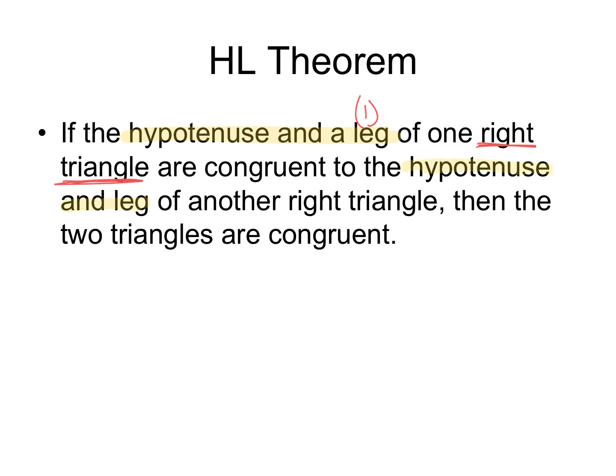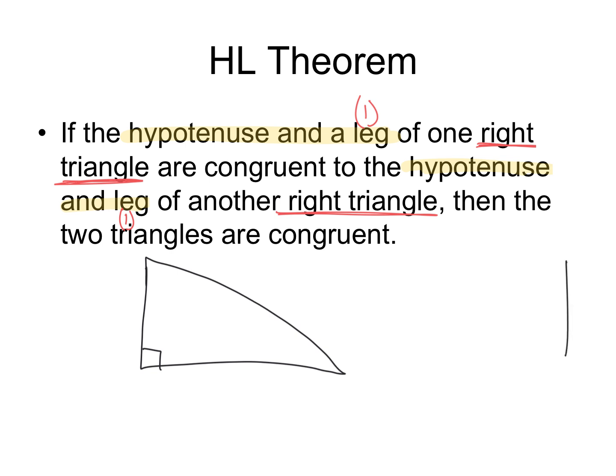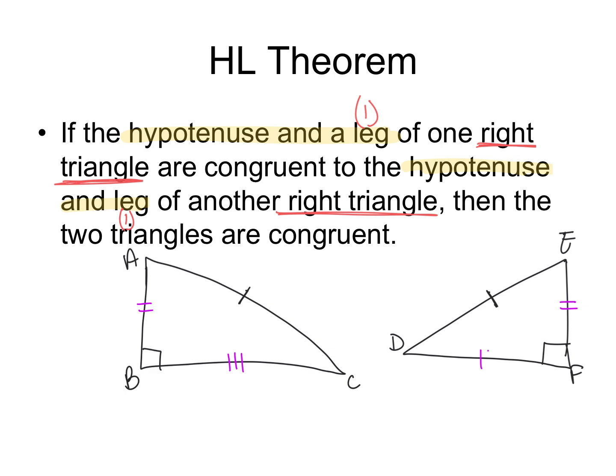Again, we're specifically talking about right triangles, and it has to be one leg. So I'm going to draw a diagram and show you what that means. If I were to give you two right triangles, here's one. Here's another. Let's call this A, B, C, D, E, F. My hypotenuse must be congruent and one leg, only one.